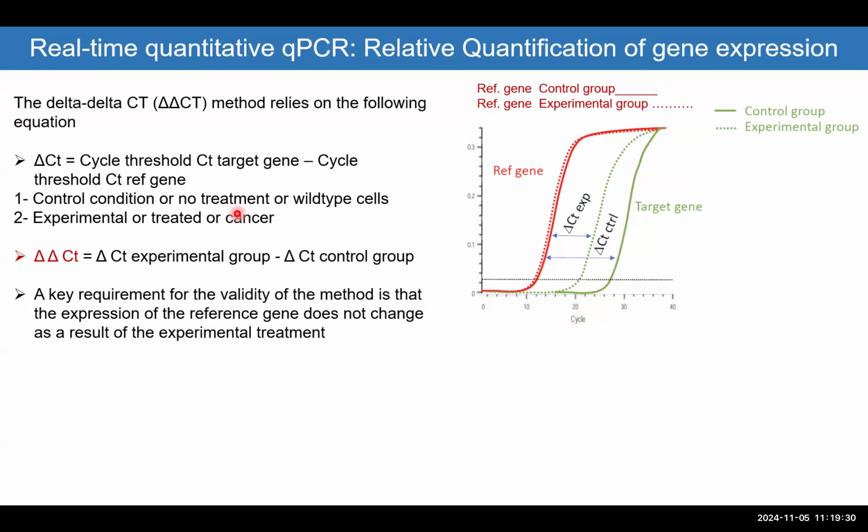And that's going to be number 1. So you get the delta CT, simply the difference between the cycles at which they appeared. And then you get the delta delta CT, which is the difference between the first group and the second group. And that's exactly what people use every day in a qPCR analysis.